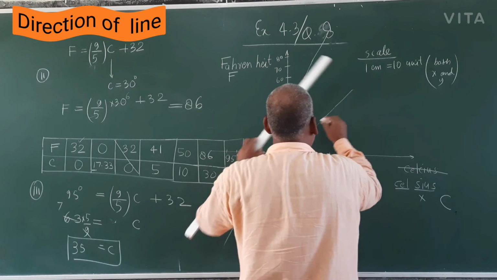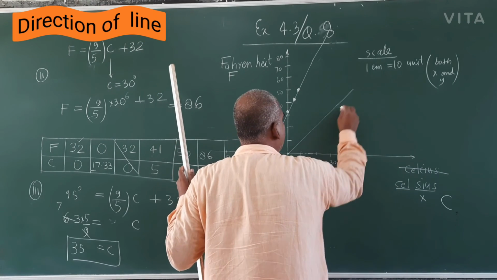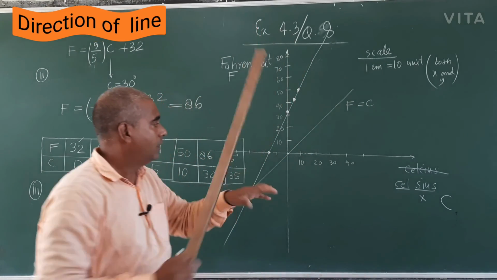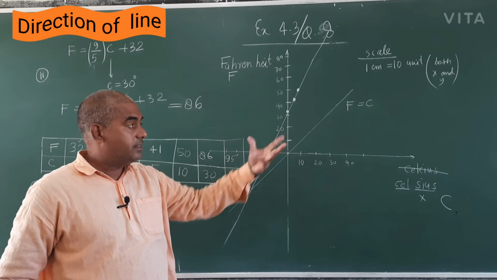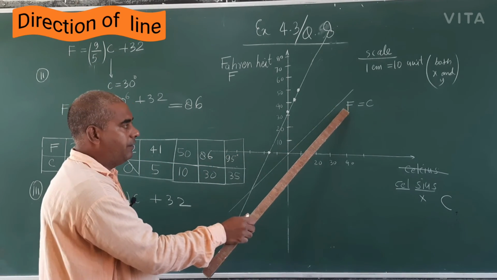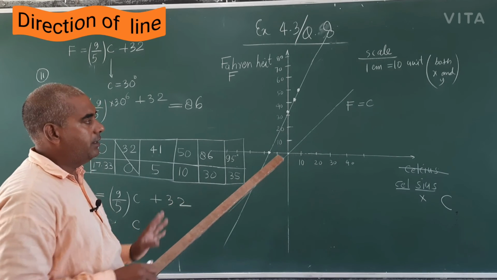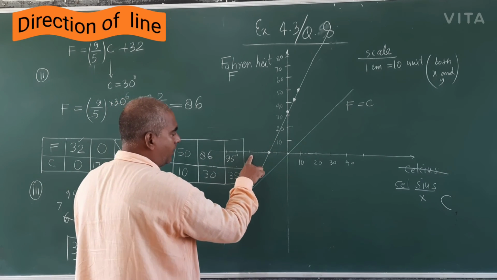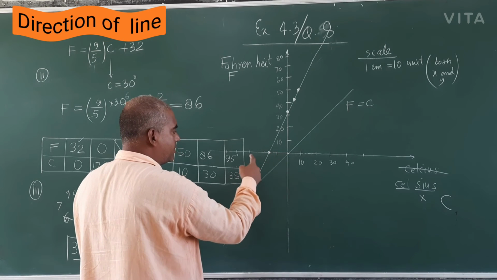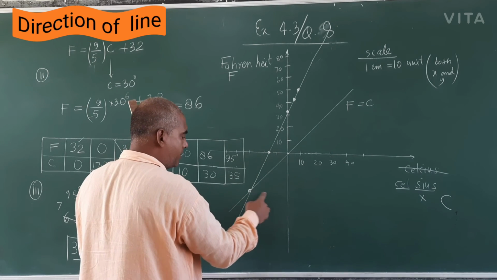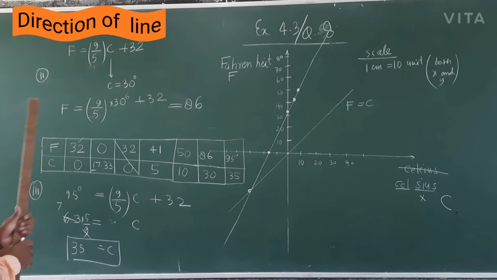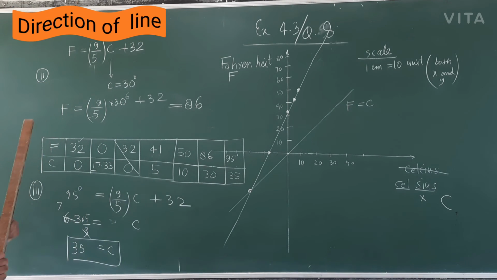These lines are at 45 degrees. This is F is equal to C. It is hypothetical, but when F is equal to C, it will cut this line at a negative point. So you will see, yes, C is negative and F is also negative. What is that value we have to find when F and C are equal?